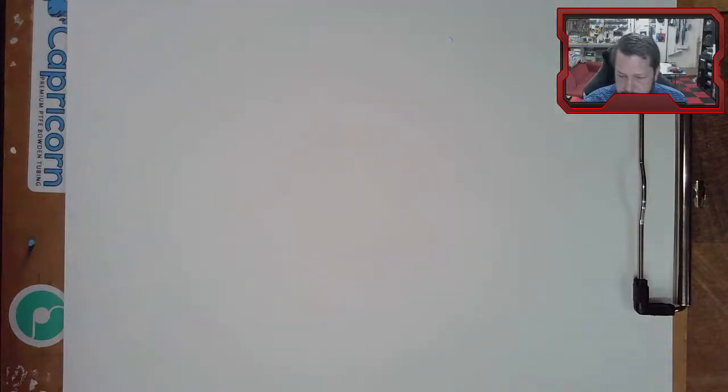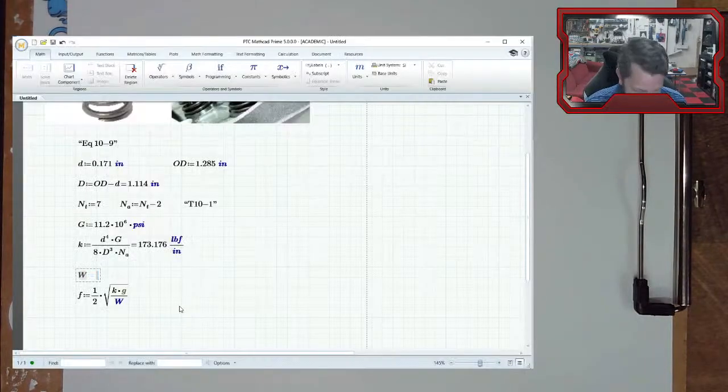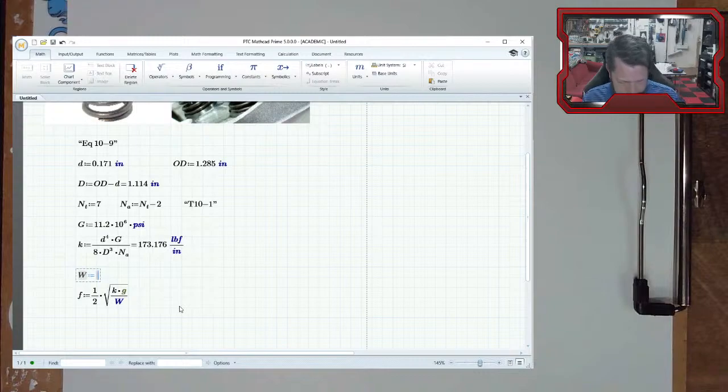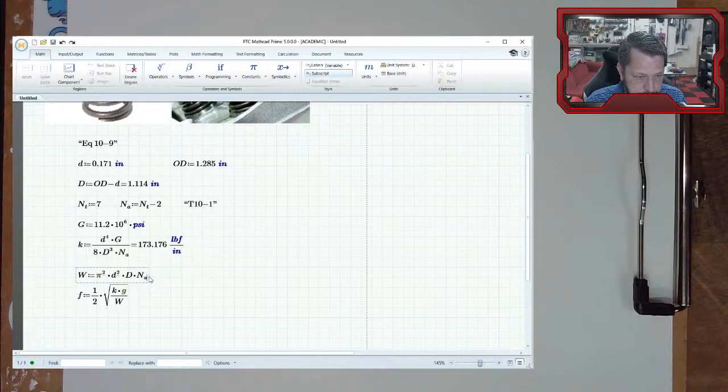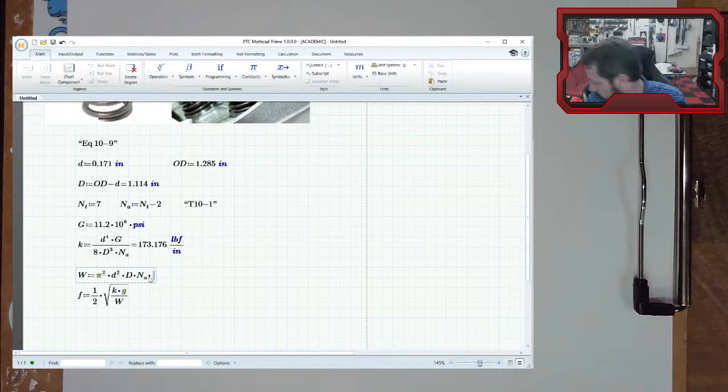All right. So let's plug that guy in. We'll also need that gamma value. So W is pi squared times wire diameter squared times mean coil diameter times number of active coils times gamma over 4.